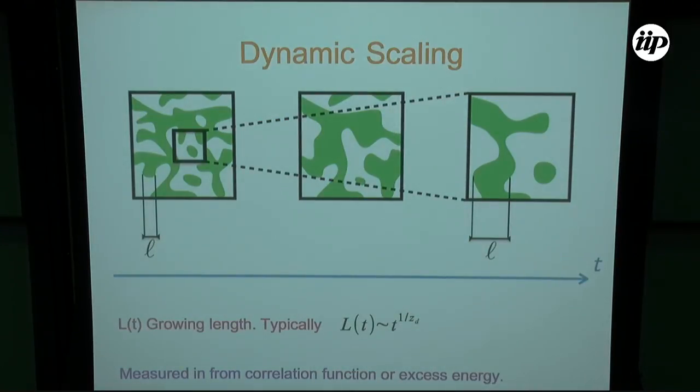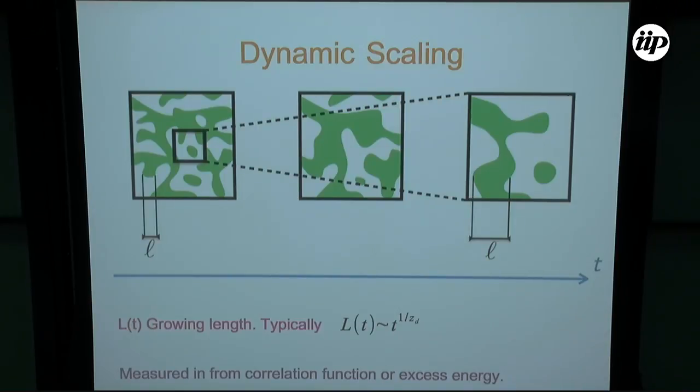Okay, during coarsening, you have a property which is called dynamical scaling, which basically means that if you take configurations at different times, like here, they are equal, except for the fact that the size of the domain grows. Of course, this is true in a statistical sense.